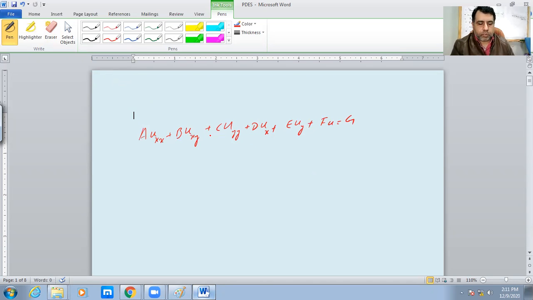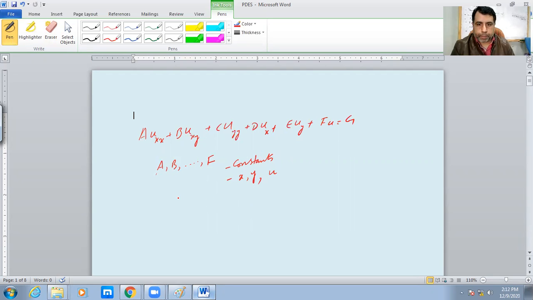This is the most general form of a second order partial differential equation where the coefficients a, b up to e could be taken as constants or they could depend upon space coordinates x, y, or more generally, they could depend upon u, in which case the equation will be a non-linear partial differential equation.